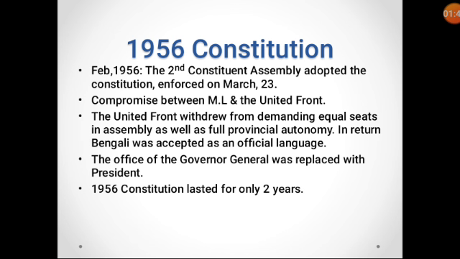The United Front dropped its objections to equal seats in the assembly and no longer demanded full provincial autonomy. In return, their language Bengali was accepted as an official language side by side with Urdu.